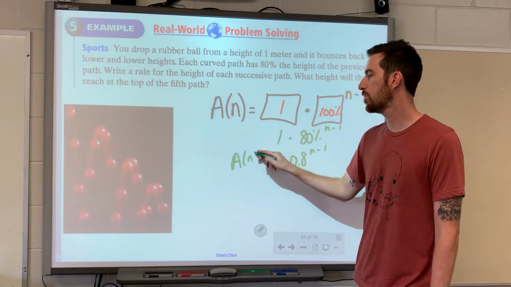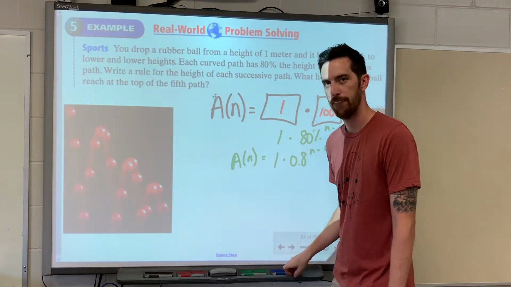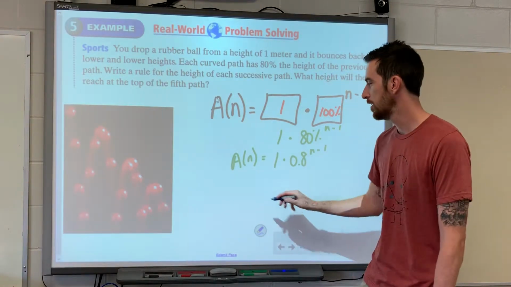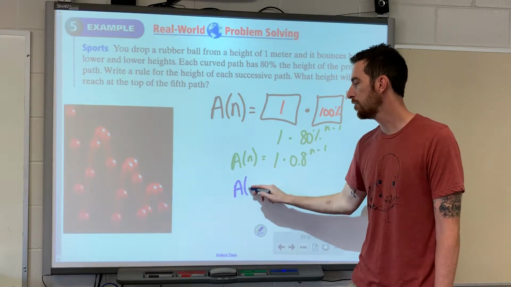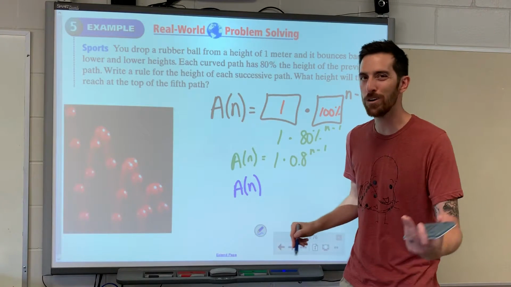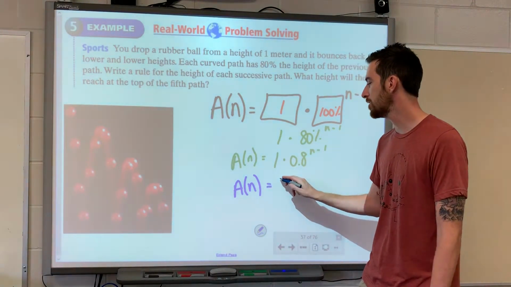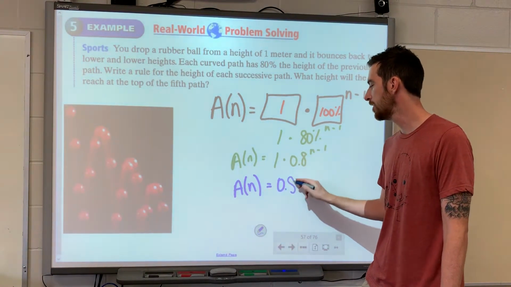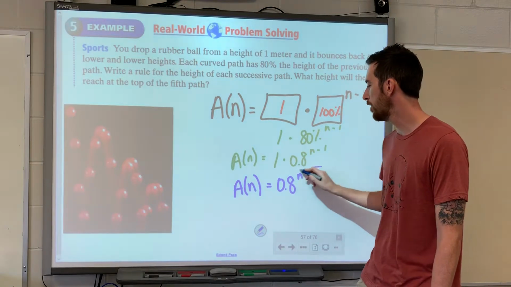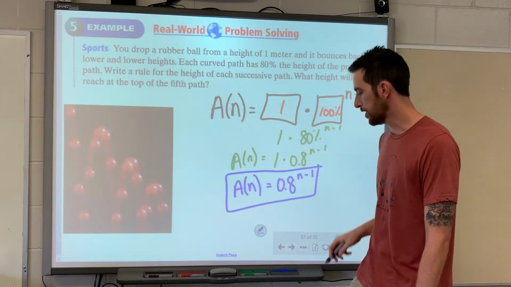And then there's one thing I would clean up here, and it's the 1 times. So I would just say A of n, because when you multiply by 1 it doesn't change. So A of n just equals 0.8 to the n minus 1 power. There would be the formula.